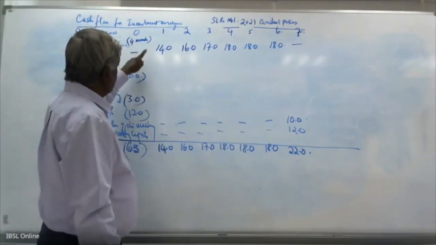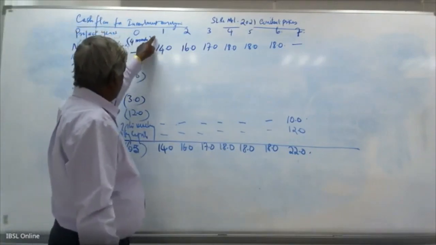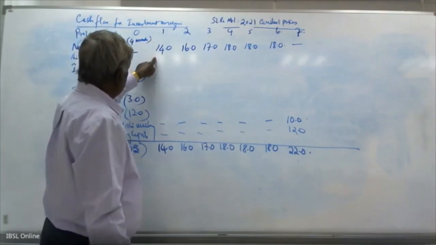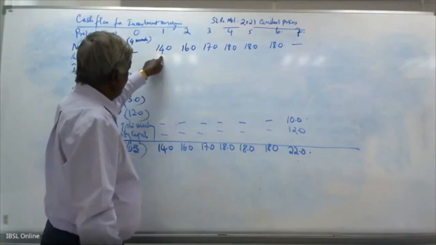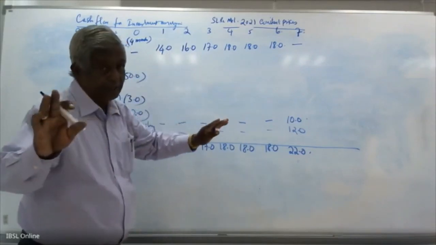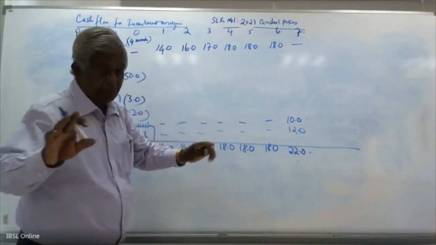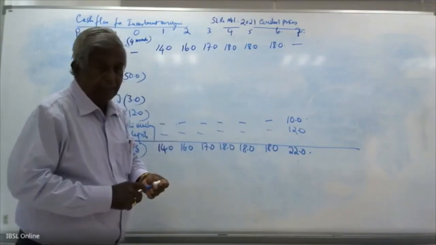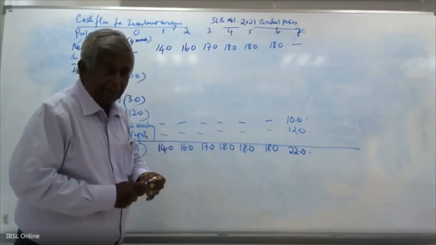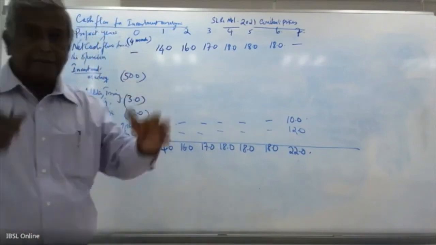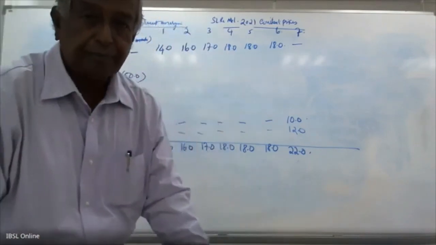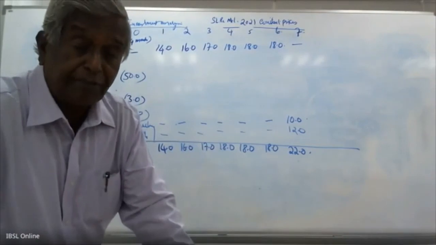So balance 8 months. Calculate for 8 months. This 14 million for 1 year, so 8 months how much? Don't calculate like that. It is wrong. The investment period is 4 months. That is year 0.